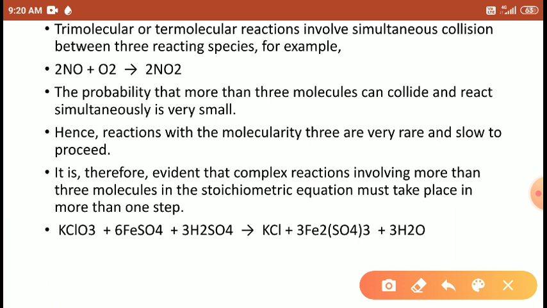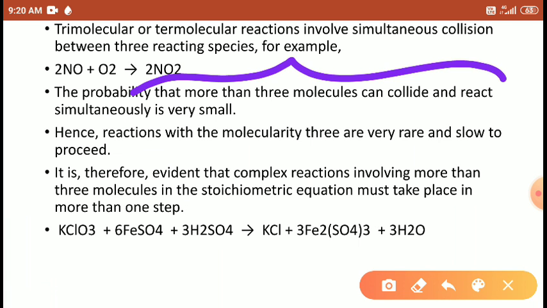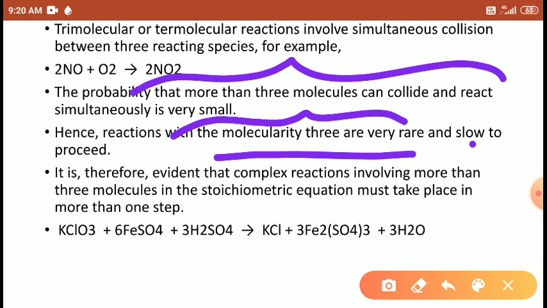The probability that more than three molecules collide with each other simultaneously is very small. Hence trimolecular reactions are very rare, and such reactions are slow to proceed.